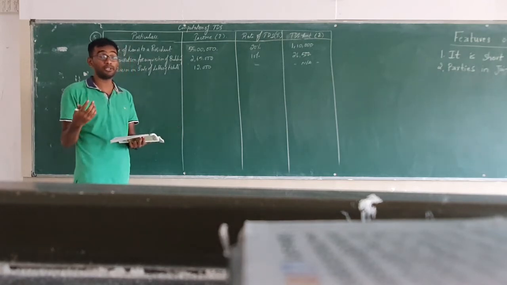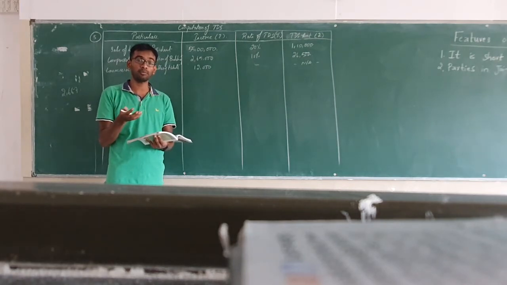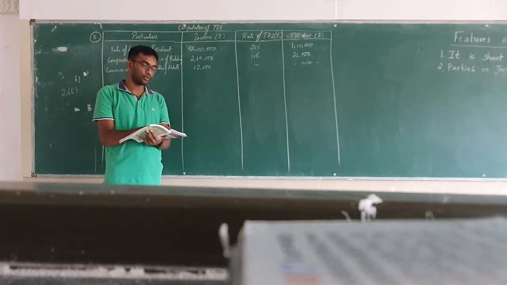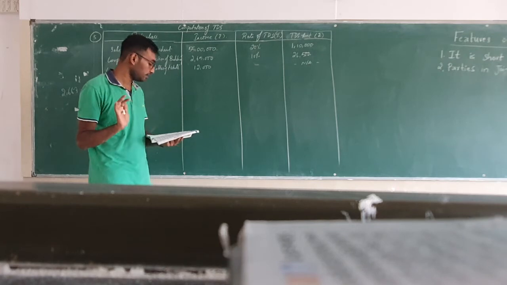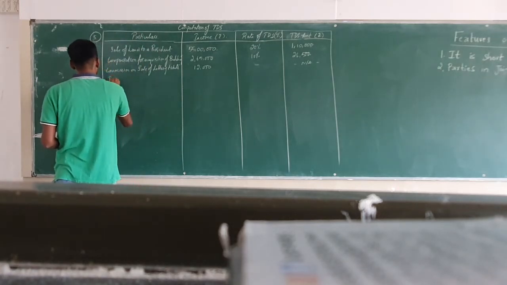So whenever there is a payment of technical fees, now you have to check the amount. Only if it is beyond 30,000 rupees, then only 10% of TDS is applicable. Now the amount is 35,000, that means it is more than 30,000. So TDS at the rate of 10% is applicable. So write down under particulars column technical fees collected.